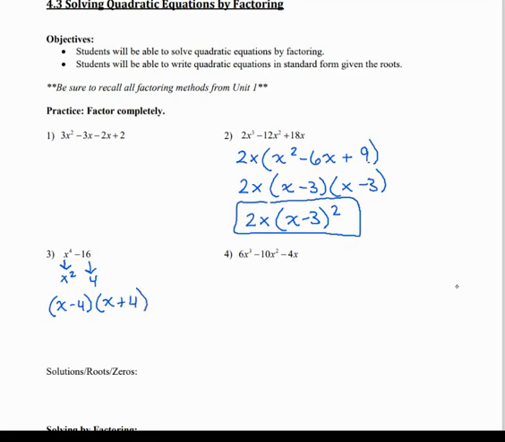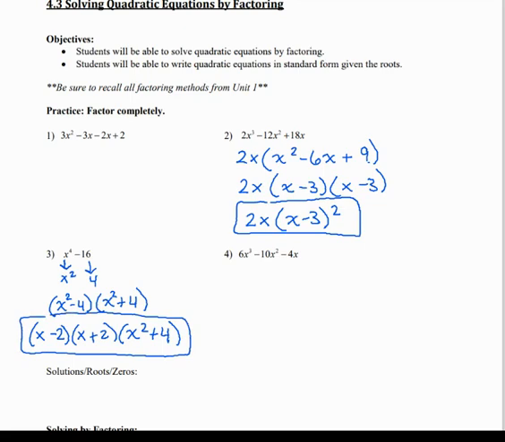Am I done? No. This first factor is another difference of 2 squares, so it can factor to be x minus 2, x plus 2. I cannot factor x squared plus 4 because that's a sum of 2 squares, and there is not a rule for factoring a sum of 2 squares. And so here's my factorization.